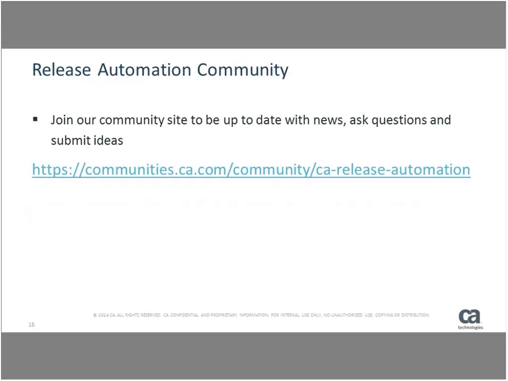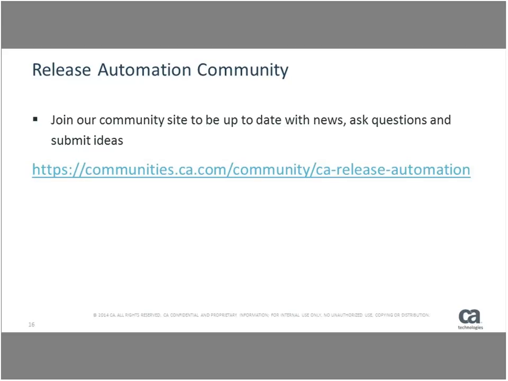All right, community. Obviously, community is very important for us. This is the best way for us to communicate with you. This is where you can ask questions, either to the CA team or to other users. This is where we can get feedback from you about what we're building.